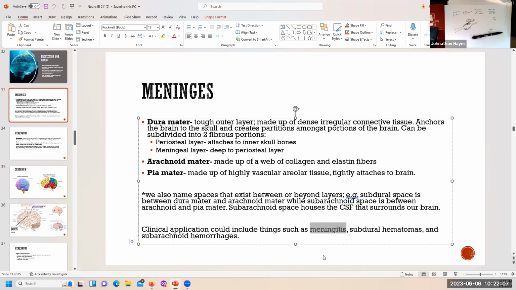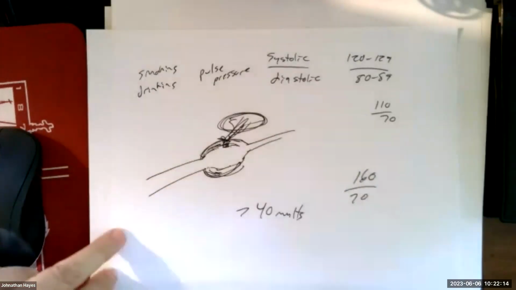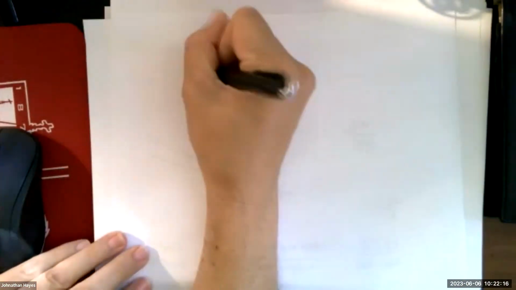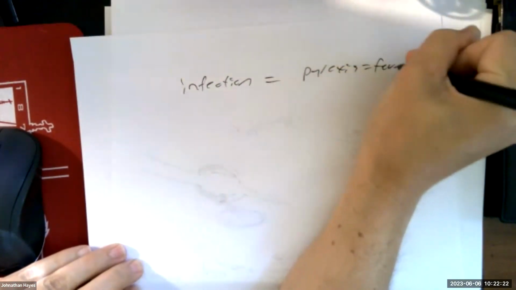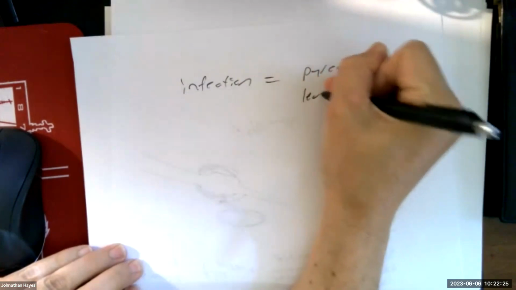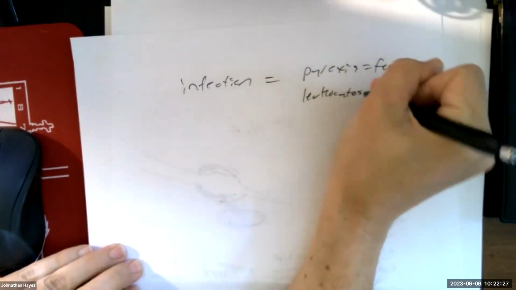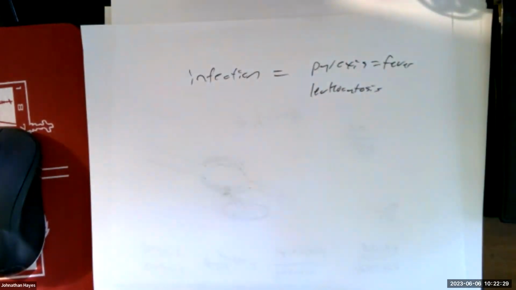So with meningitis, usually there's some form of infection present. So when a patient has infection, there's two things we look for. You look for pyrexia, which is fever, and you look for leukocytosis. So these would be present with meningitis usually.